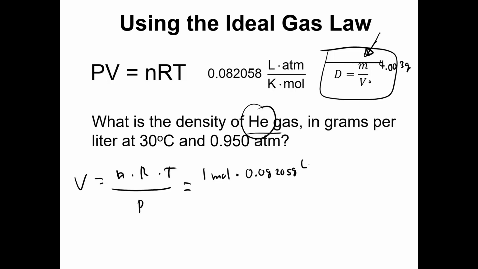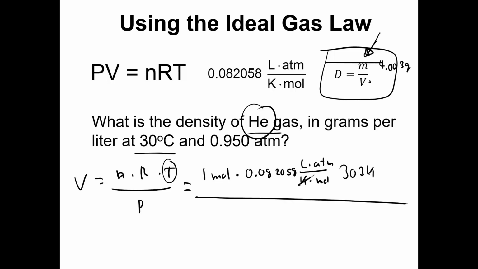I'm going to keep them all just for the heck of it, times atm divided by K times mole. And then I multiply by T, and T is 30 degrees, so I add that to 273, which makes that 303 Kelvin. So Kelvin cancels, moles cancels.